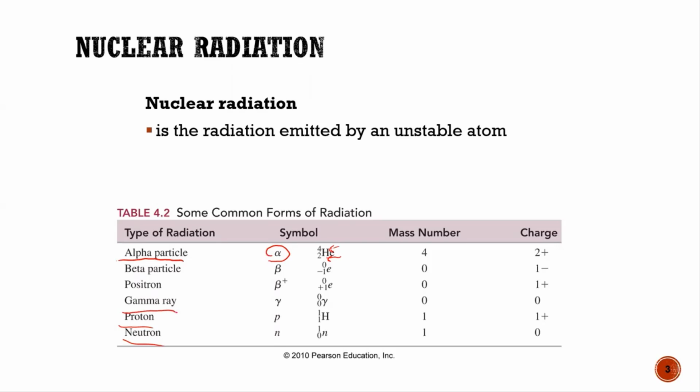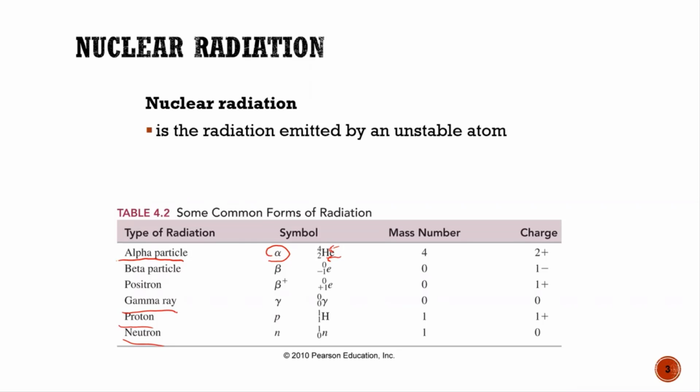The gamma ray doesn't have mass. It's electromagnetic radiation, in the form of light, and we talked about how light is not really a particle, but it has wave-particle duality in the sense that it behaves like a particle and has energy, but doesn't really have mass. We'll see that the gamma ray is the most harmful of the radiations.